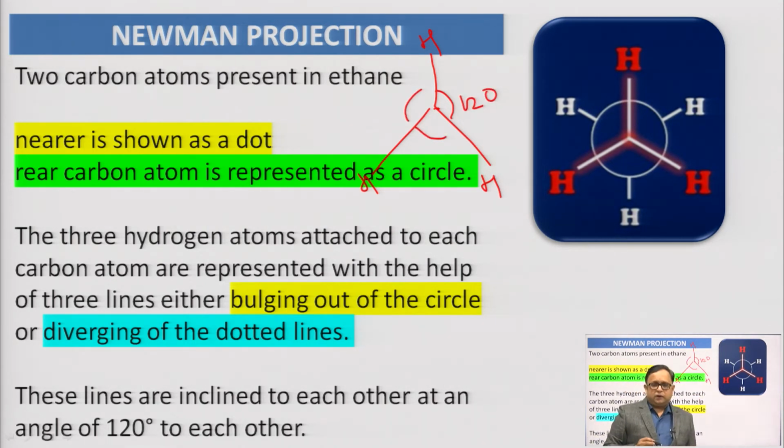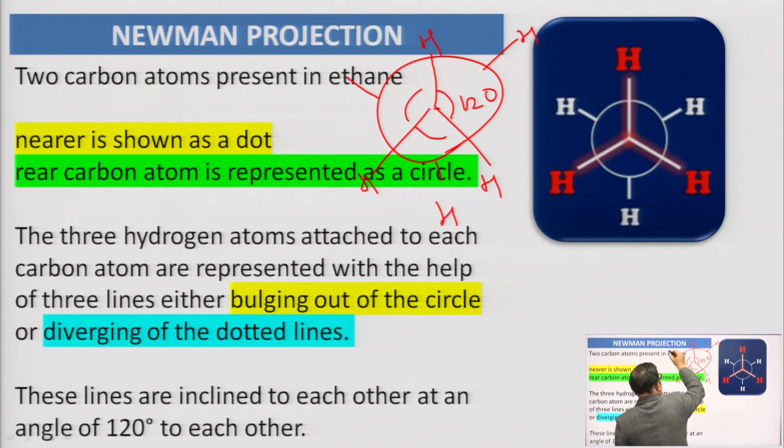So, the front carbon we are representing with a dot, and the rear carbon we are representing with the help of a circle, and again all the 3 attached hydrogens are represented like this. This type of representation is called Newman projection.